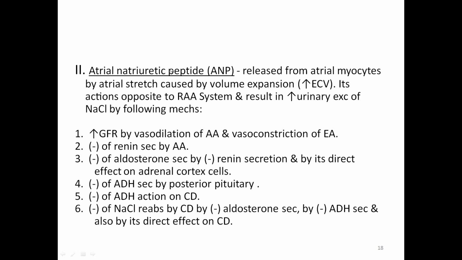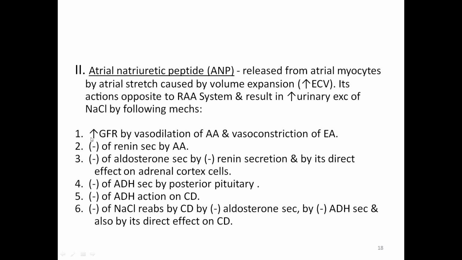So you see, basically, when there is volume expansion because of increased effective circulating volume, that will cause an atrial stretch of the atrial myocytes and a release of ANP from the atrial myocytes. And now this ANP is working opposite to the RAA system and will increase the urinary excretion of sodium chloride.